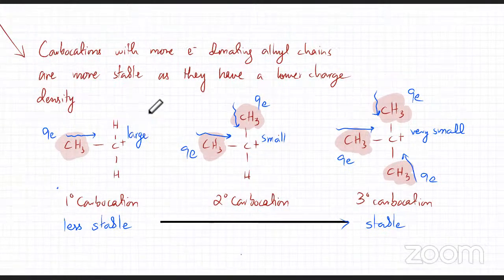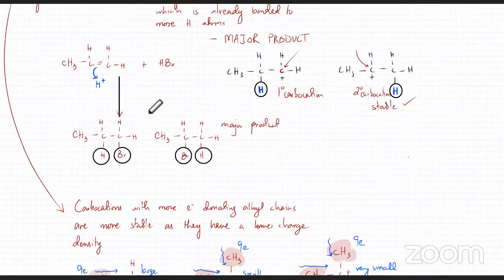So the idea is that the H that came in from HBr stole electrons from the molecule. If the positive charge in a 1 degree carbocation is big, then the H will never be able to do that. It won't be able to steal electrons from it. If the positive charge is small, then the H will be able to steal electrons from it.